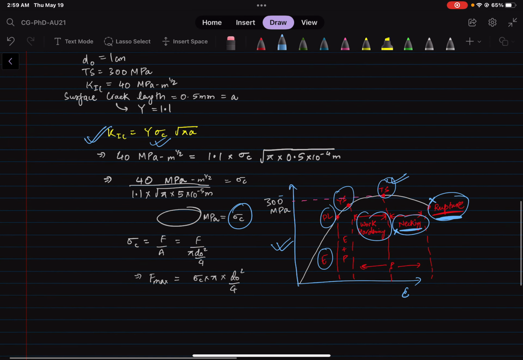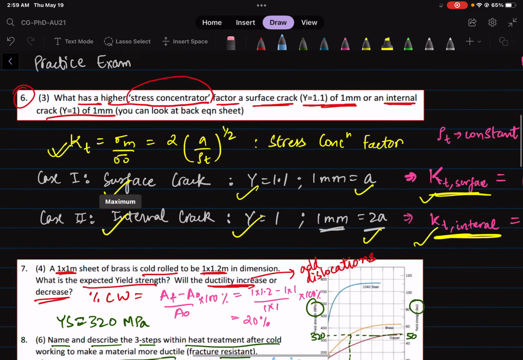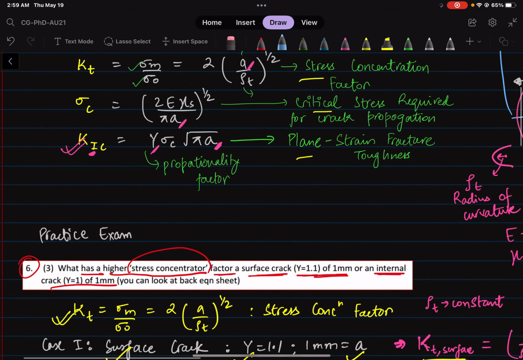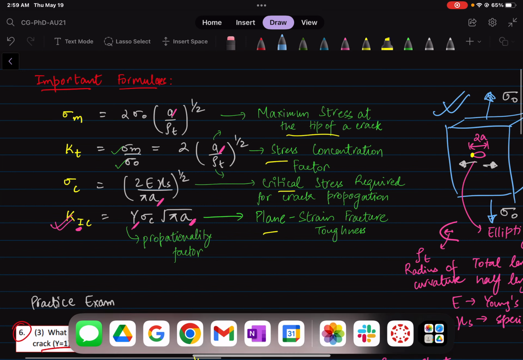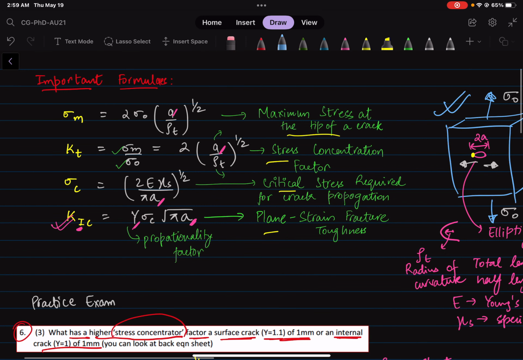Again, using the plane strain equation. At the top, we use the equation for stress concentration factor. So just to review, you have a maximum stress sigma m, a stress concentration factor k subscript t, the critical stress of sigma c, and then the plane strain fracture toughness as k subscript 1c.